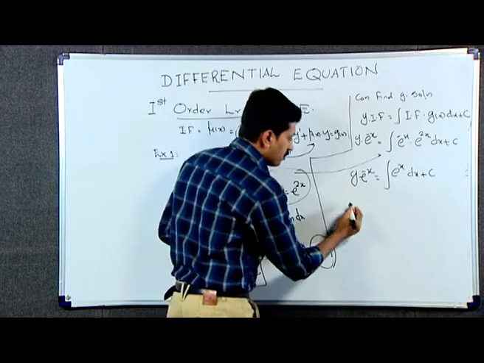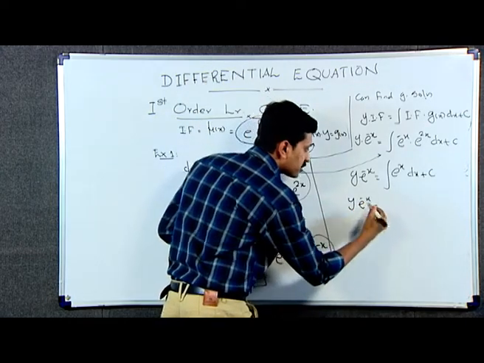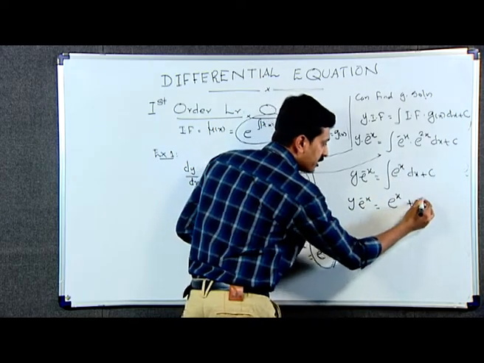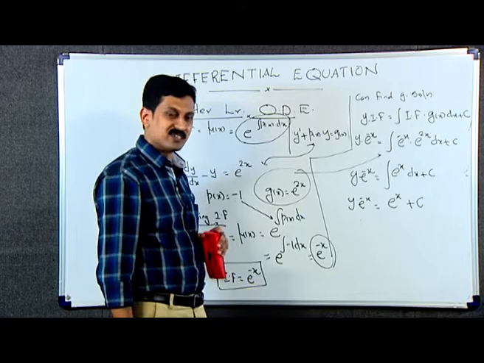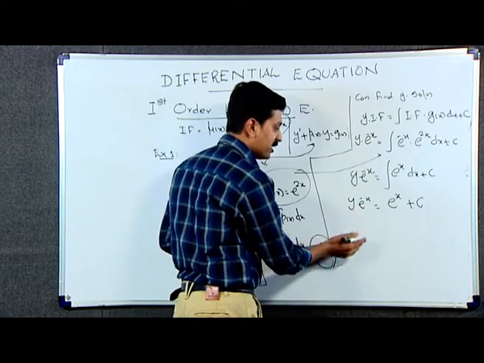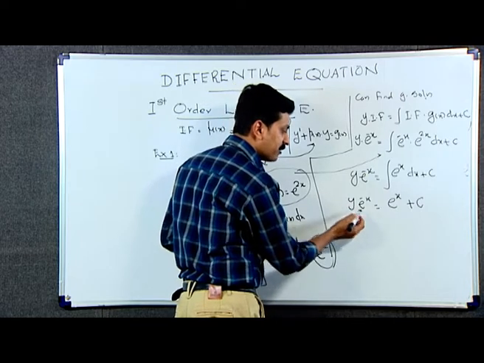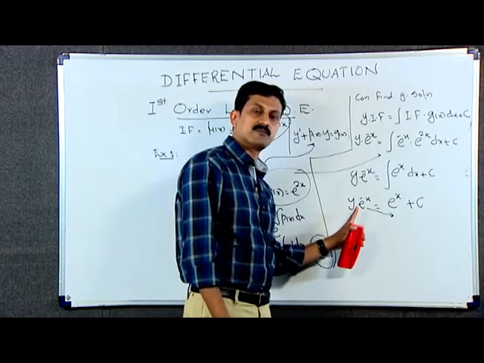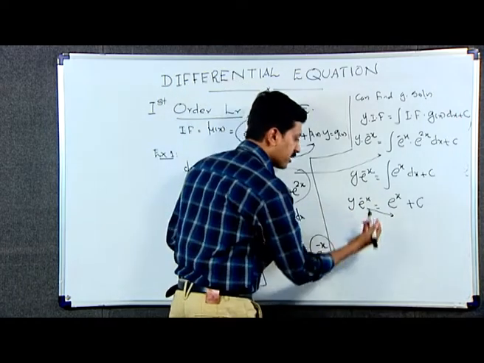So, y e raised to minus x is equal to integral of e raised to x. Integral of e raised to x is again e raised to x, so that is e raised to x plus c. We have to find the solution, and we know the solution is y itself. We are removing the integrating factor e raised to minus x from the left side and taking it to the right side.